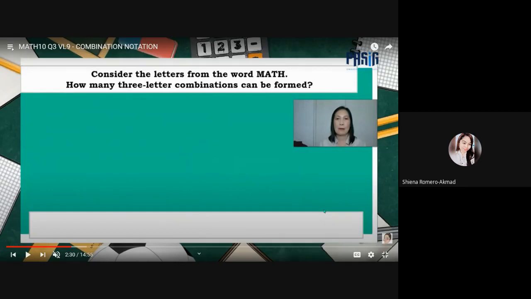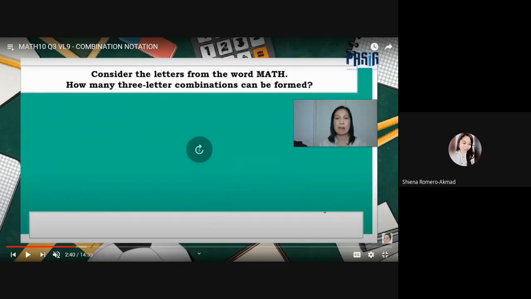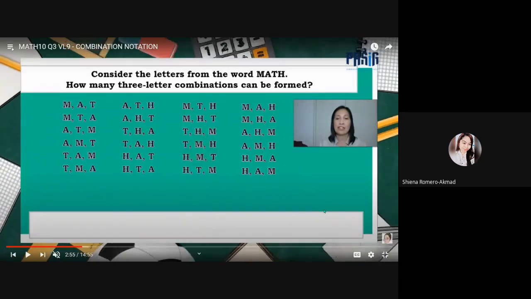So kapag mag-form tayo ng three-letter combination, ano-ano ba yung mga mako-form natin? If you form a three-letter combination, ito yung mga possible na mabuo ninyo, di ba? Na arrangements. So, yan yung mga possible arrangements na mabubuo ninyo.